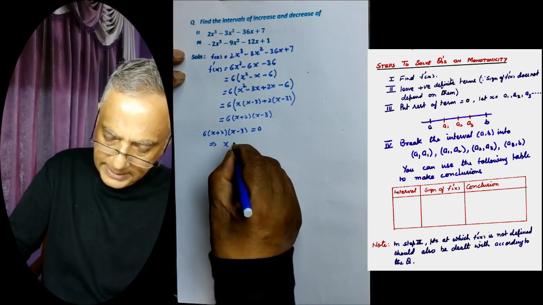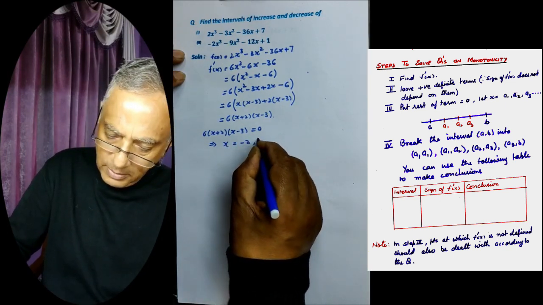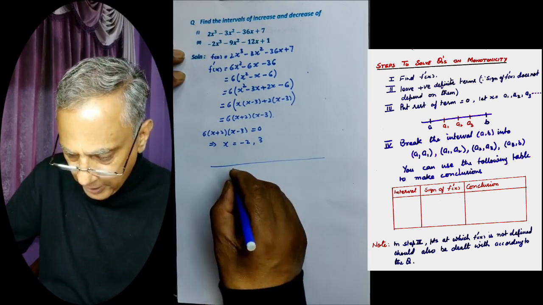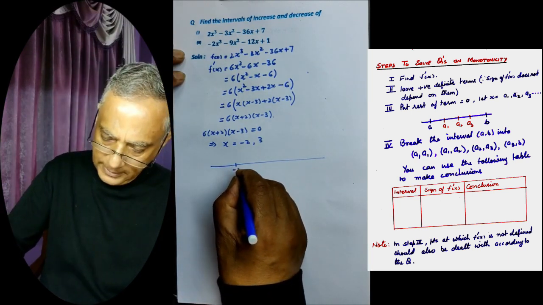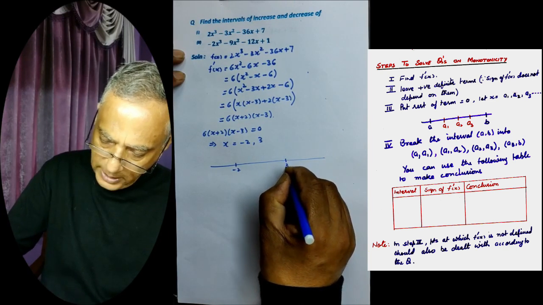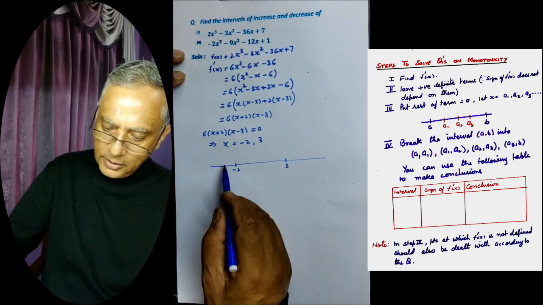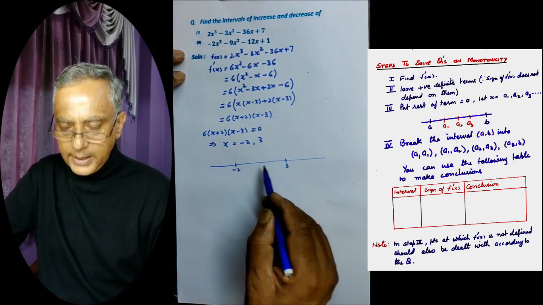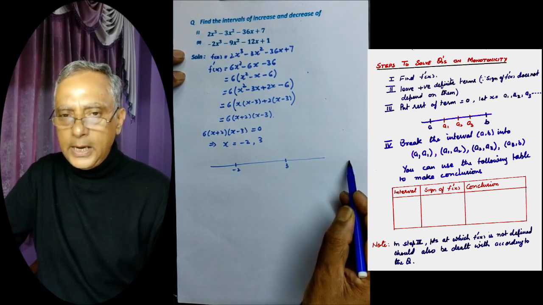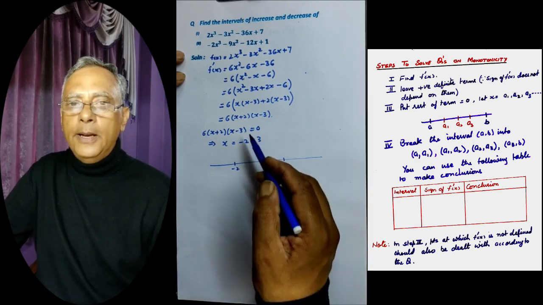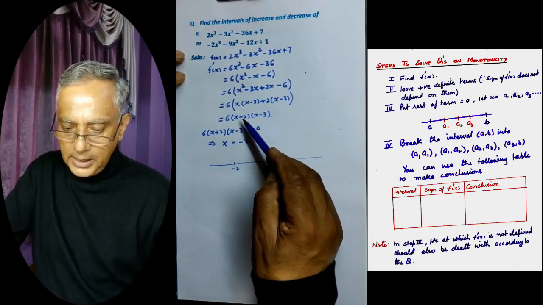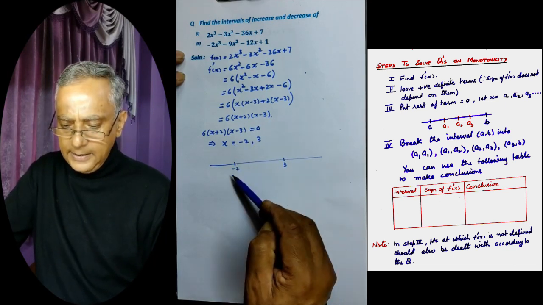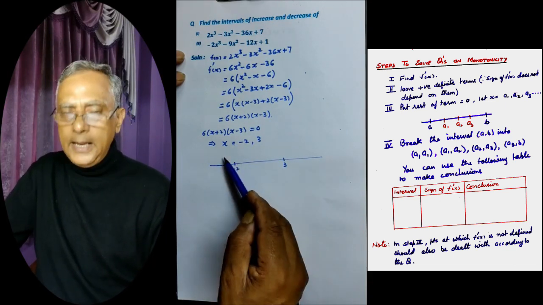And this implies x is equal to minus 2 and 3. So we will break the number line into 3 intervals: minus infinity to minus 2, minus 2 to 3, and 3 to infinity. Because this function can only change its sign at these points.